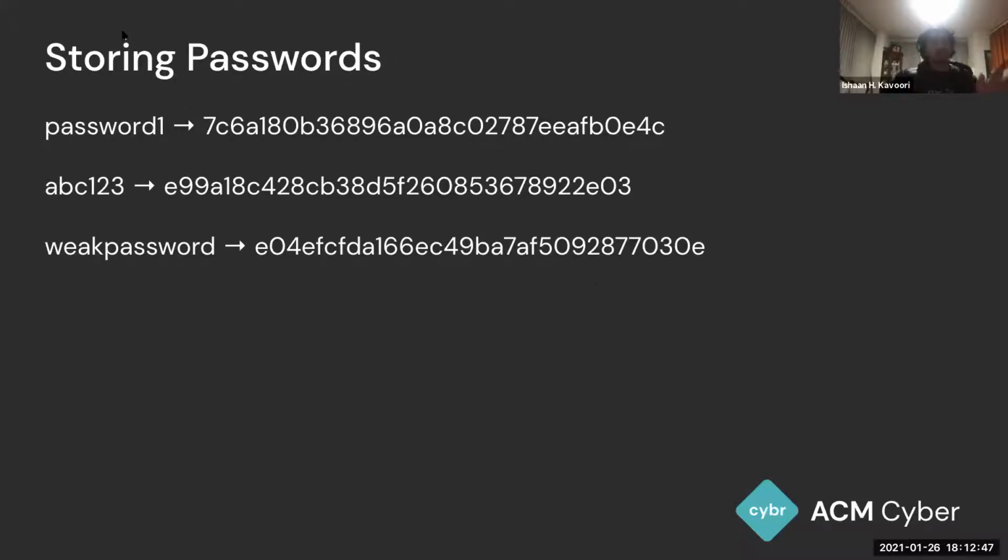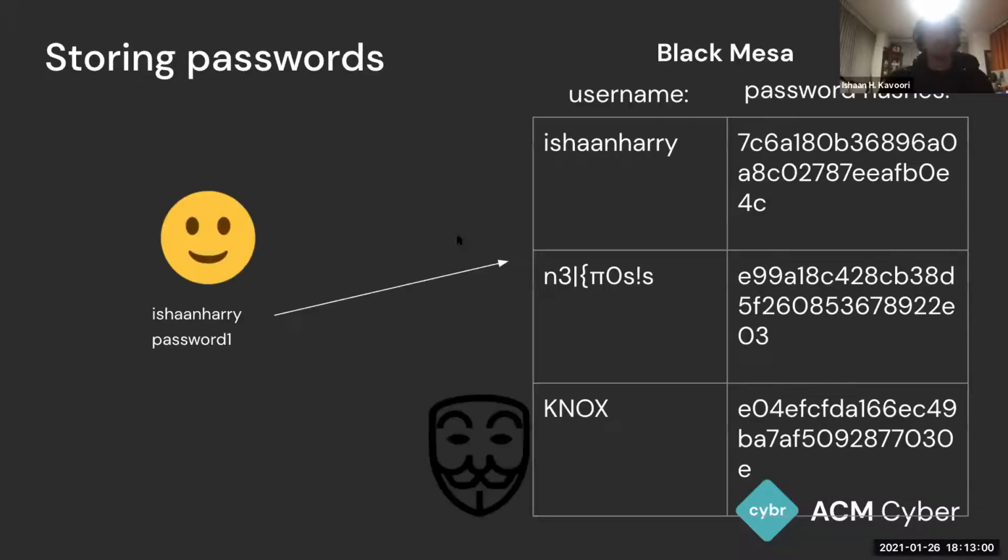So we can convert these passwords into these strings of text, the hashes, using that function. And this time, what the service Black Mesa is going to do is store the username and the password hashes.